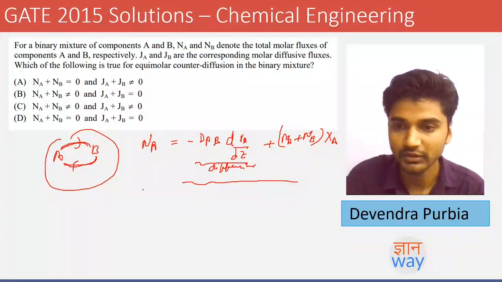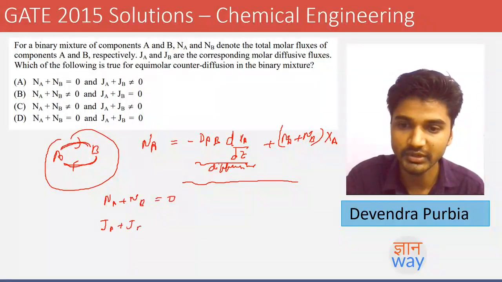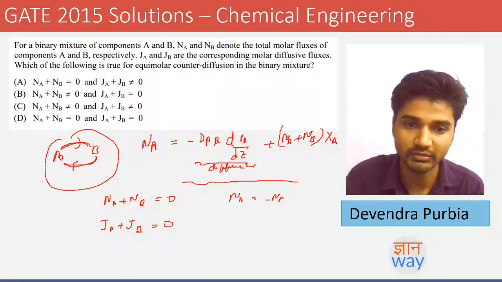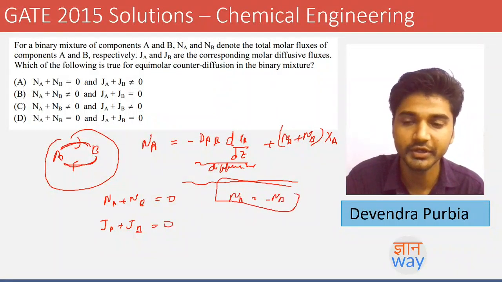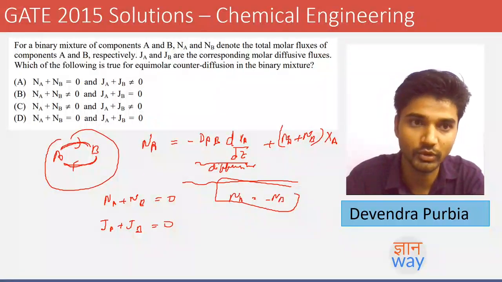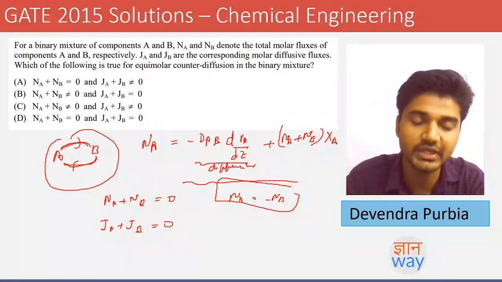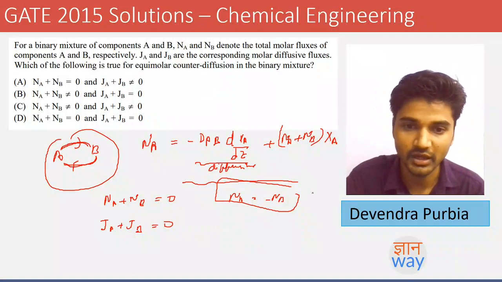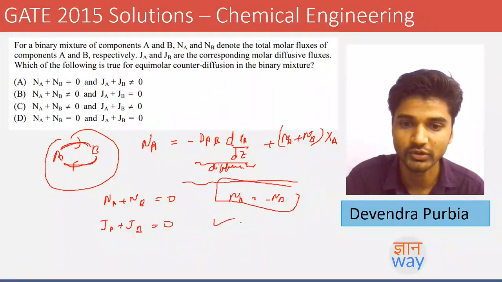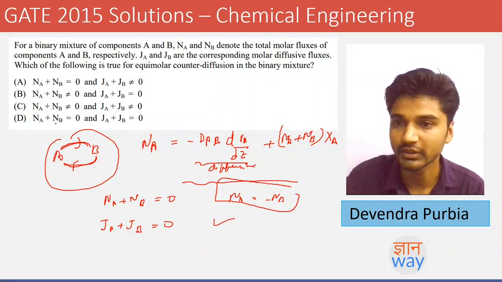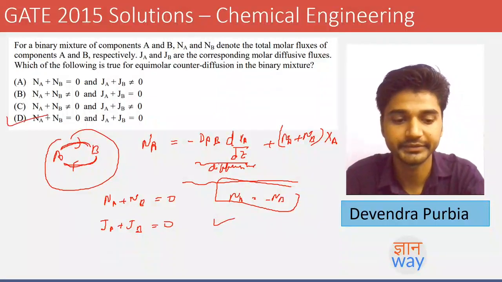So from equimolar countercurrent diffusion, we have NA plus NB equals 0 and JA plus JB equals 0. It means that NA equals minus NB. The total molar flux of A diffusing into B is the same as from B to A, and that is true for the diffusive flux also. So for this, option D will be correct.